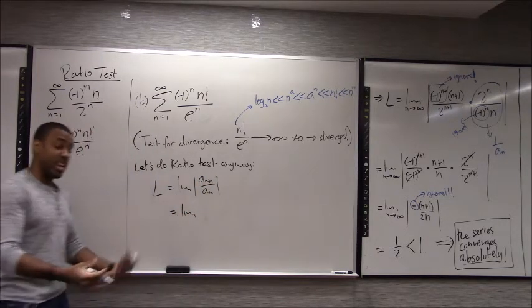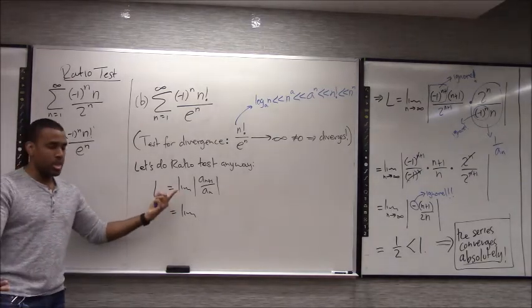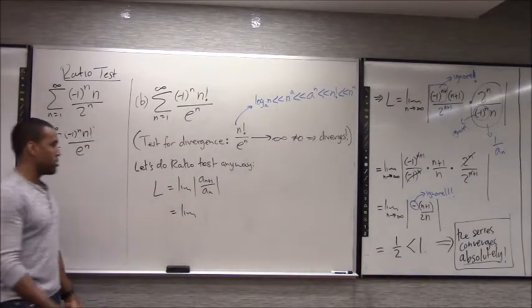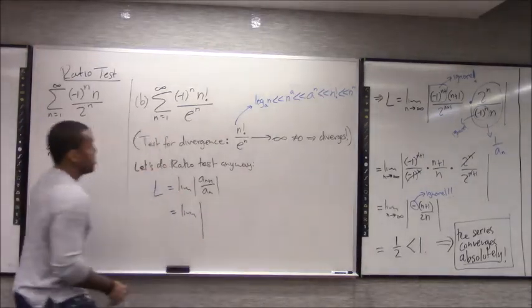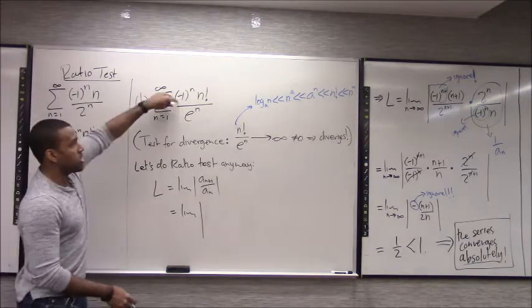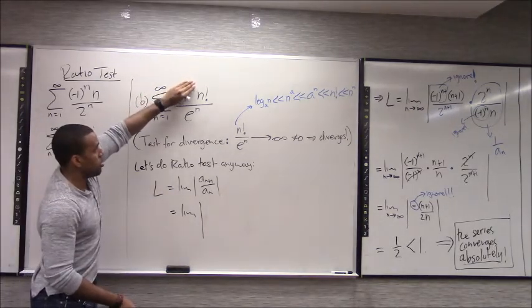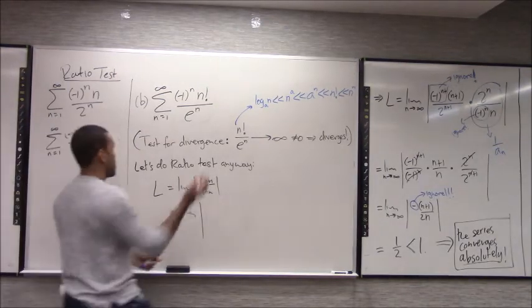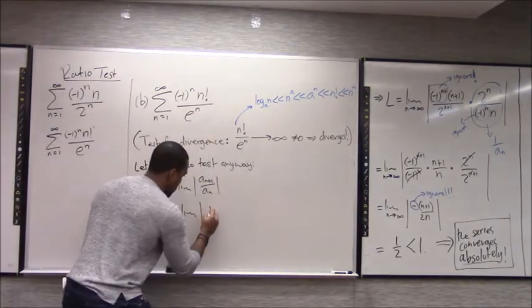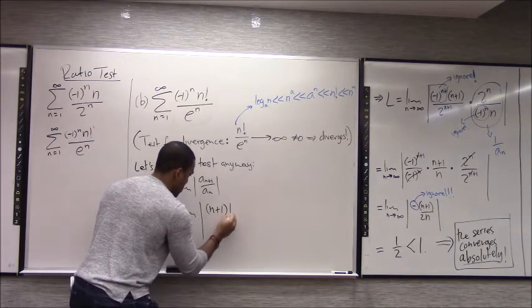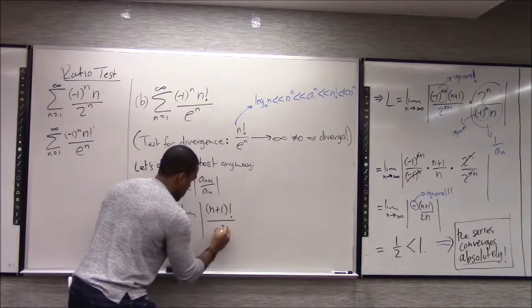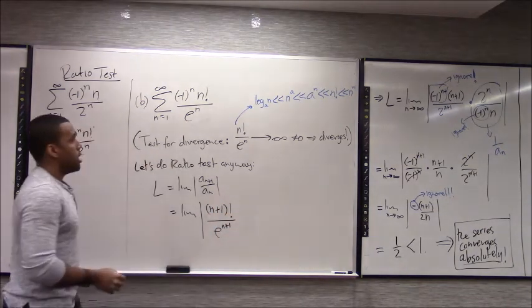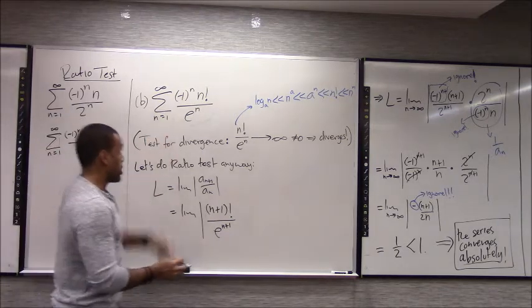And again, you can be sloppy here. It is always going to be n approaches infinity, so I don't even have to write it. So right here, just forget about the (-1)^n part. It's not going to matter. The absolute value is going to kill it anyway. So I'm just going to plug in n plus 1s everywhere. And then I'm going to multiply by the reciprocal of this guy.